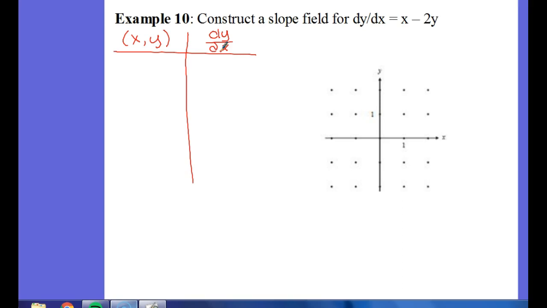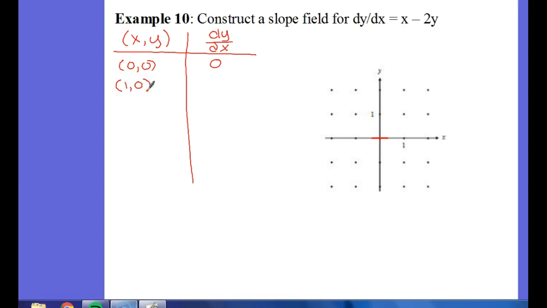One of the easiest points to pick is (0, 0). If I plug in (0, 0), I get 0 minus 0, which is 0, so the slope is just a horizontal tangent. Another point: you could flip it and go the next way. You could go (1, 0).